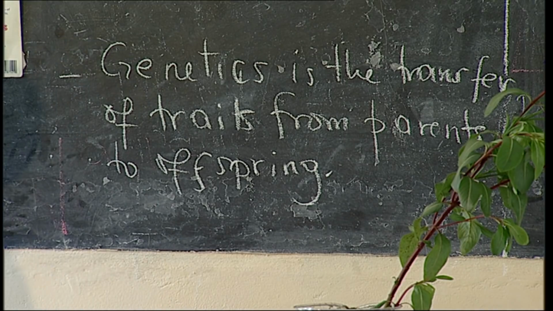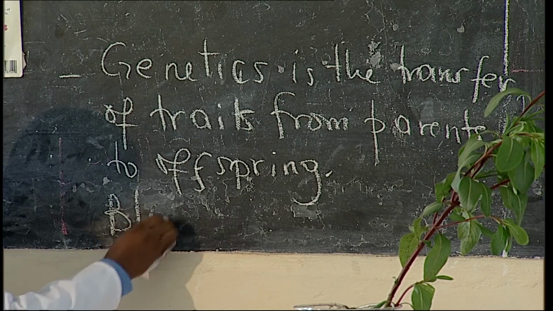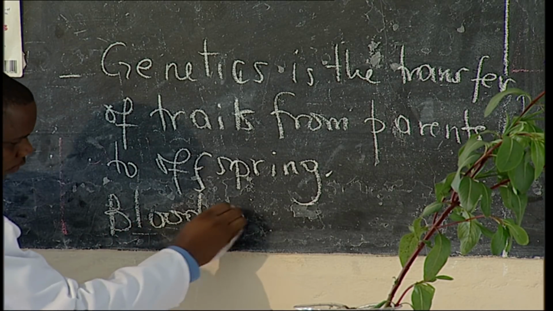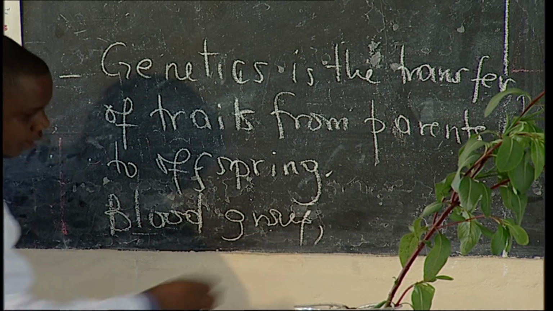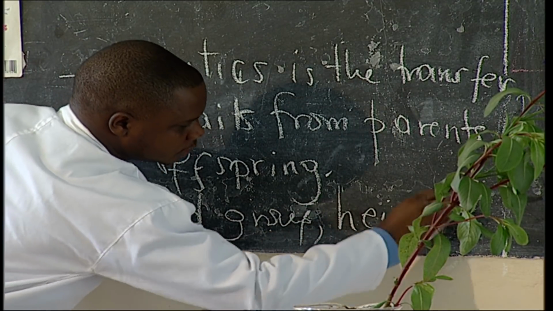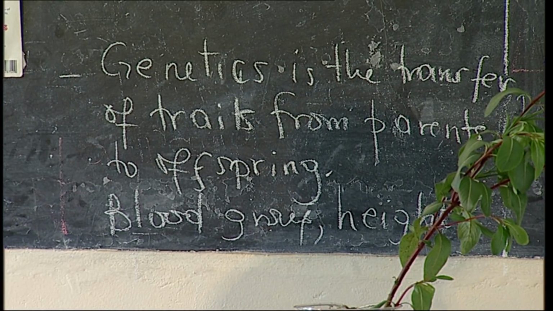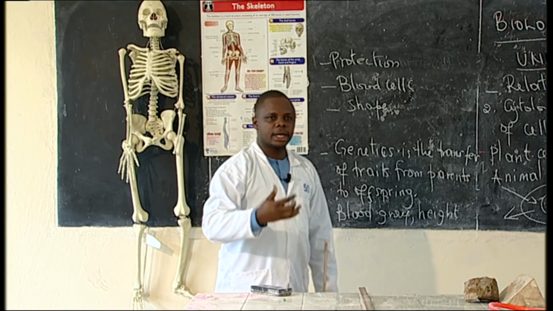Here we can give an example of blood group. We can give an example of height. We can give an example of eye color and hair color.